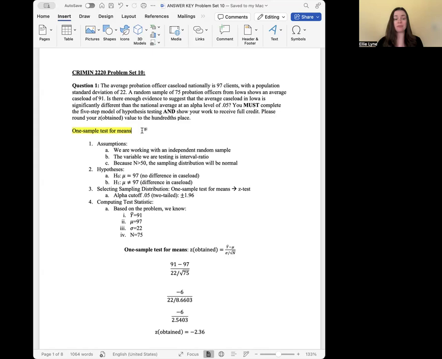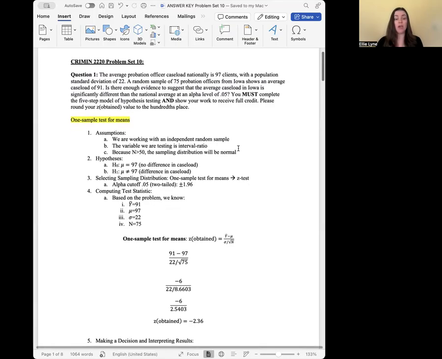Step 1 is always stating our assumptions. Like I mentioned before, these assumptions change based on what test we are conducting, and that's why we have to figure out this part first. The 3 assumptions we make for a one sample test for means are the following. First, we are working with an independent random sample.